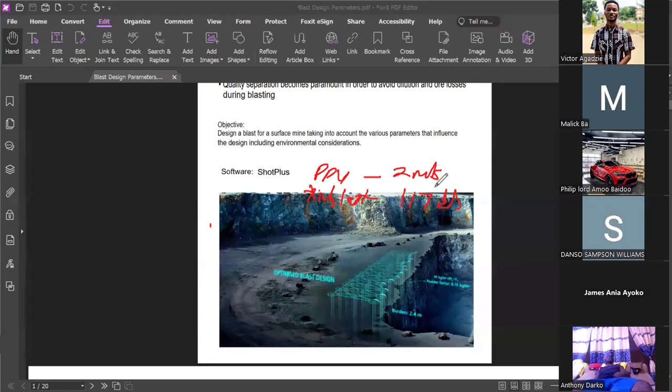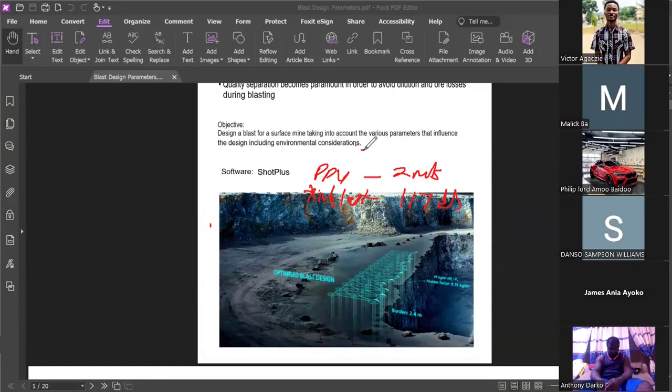So if you design a blast and the PPV that is recorded for that particular blast exceeds the environmental threshold, you have to redesign and make sure it falls within the threshold, because we can stop the mine, we can halt the operation of the mine if you don't follow the procedures, the mining regulations.